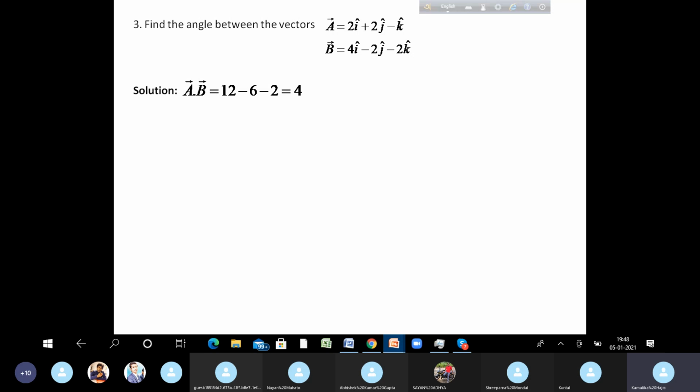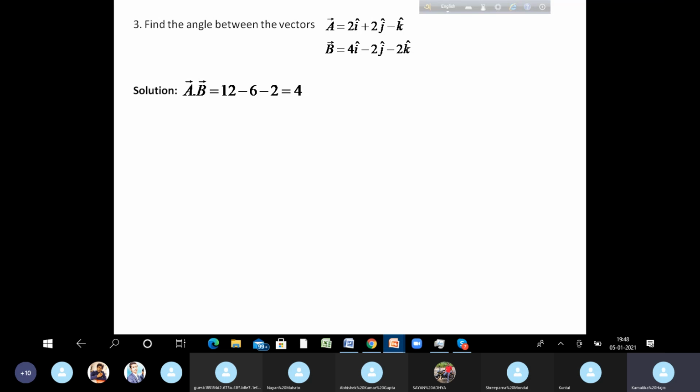Dot product is, as you remember, the sum of the products of the individual components. So a dot b is 2 into 4 plus 2 into minus 2 plus minus 1 into minus 2. So you get 12 minus 6 minus 2, that is 4. This is from the component definition.